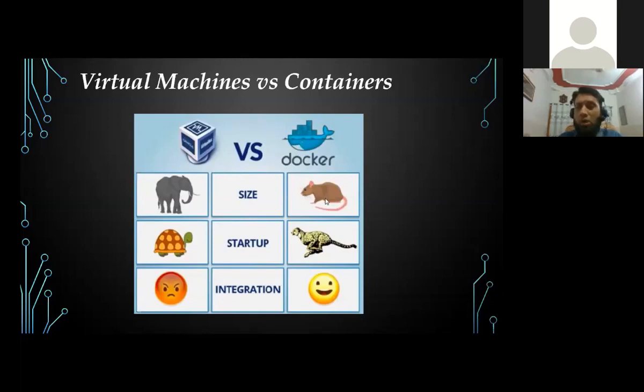But a container needs seconds to boot up and start working. On the side of integration, adding a VM is very difficult or cumbersome. But on the other side, the integration of containers is very easy and very fast. This is a very good example.